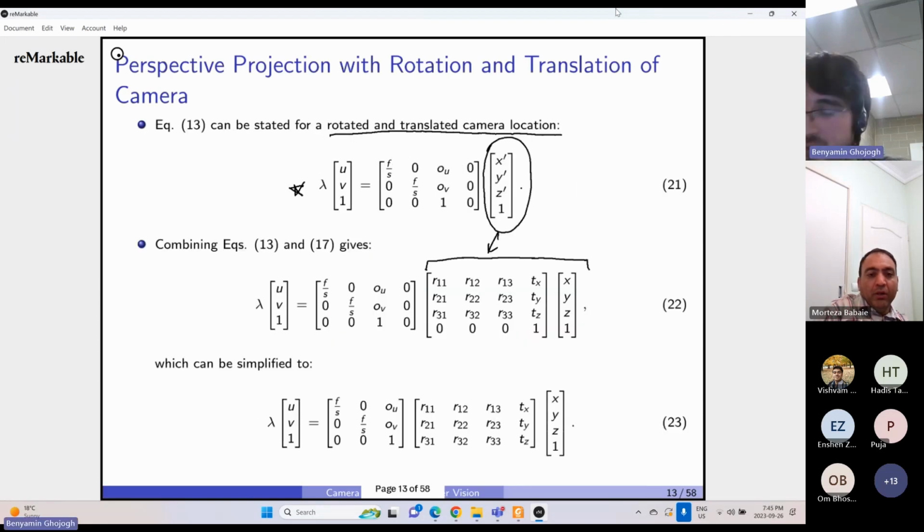So we have equation 22. So I can replace this with this, and I'll have it. Do you agree that I can simplify it further? How? I have these zeros.